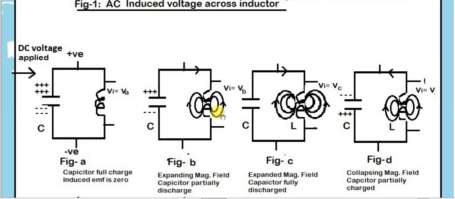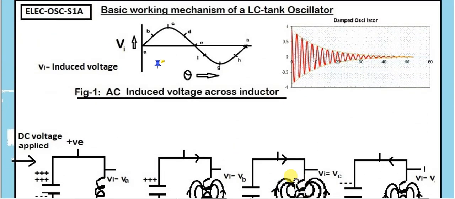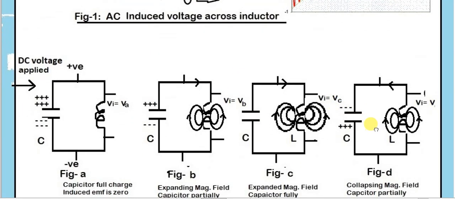Now DC is being converted into AC because of this expanding magnetic field, which is causing the induced EMF, the induced voltage, VB. In figure C, you can see the capacitor is completely drained, completely discharged, while the coil has the maximum expanded magnetic field, pointing to VC, the peak value.